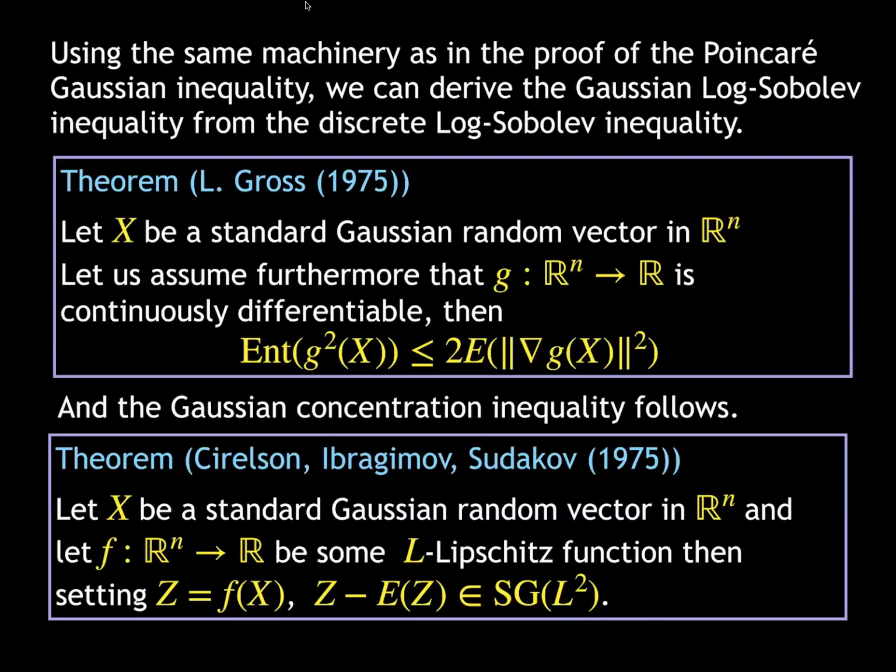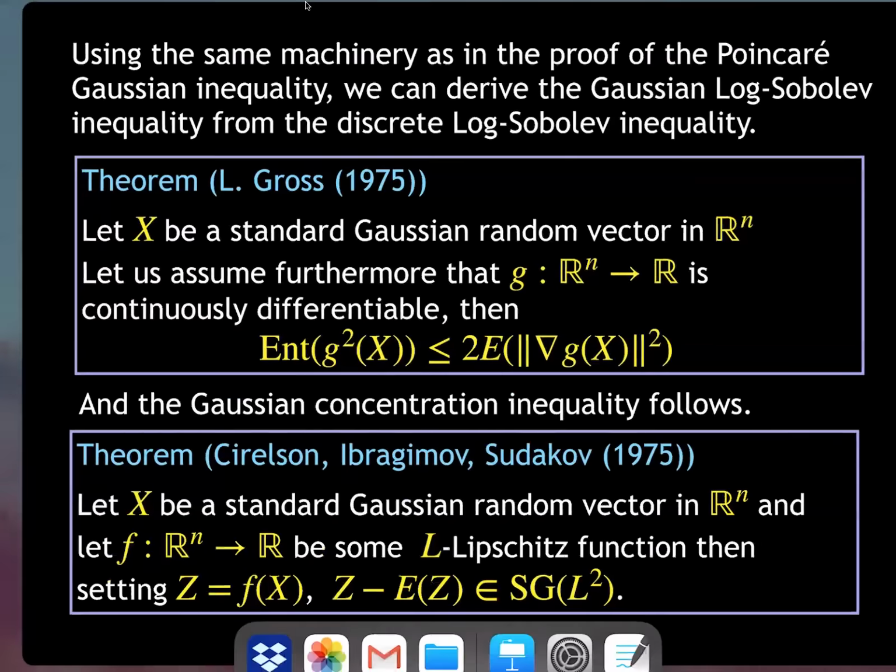So let's see two things. Let's see in detail how to deal with the application of the discrete log-Sobolev inequality, and afterwards how to prove the Gaussian results that I am stating here. Let's see that.